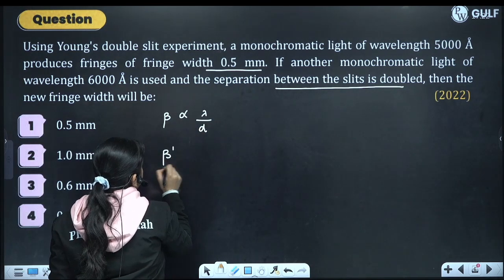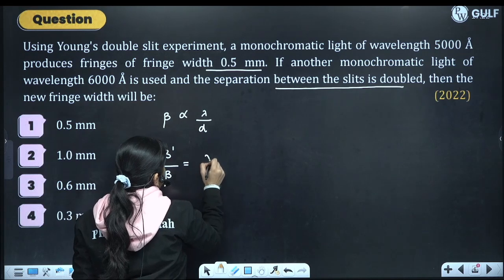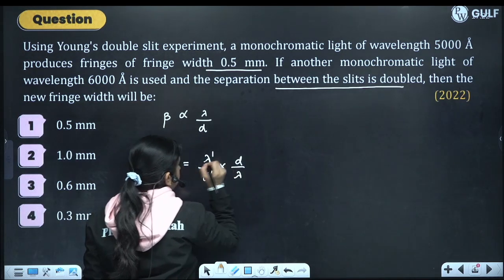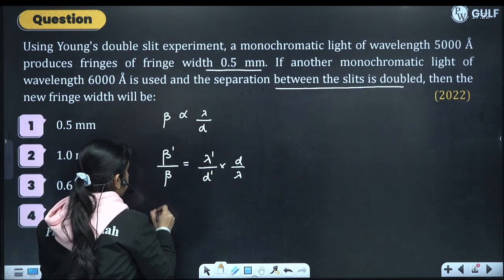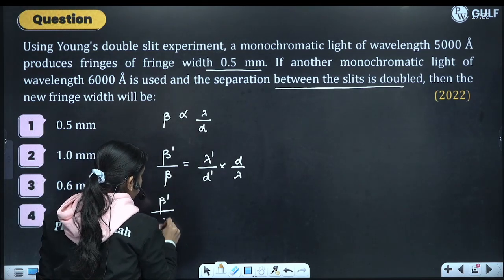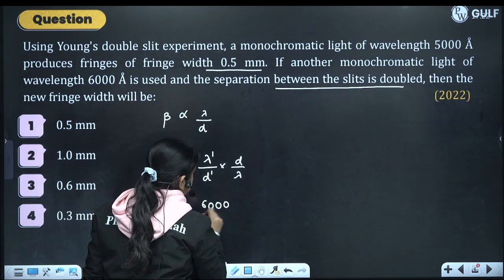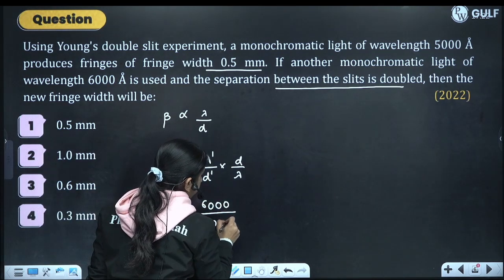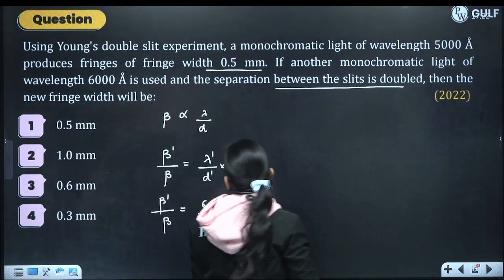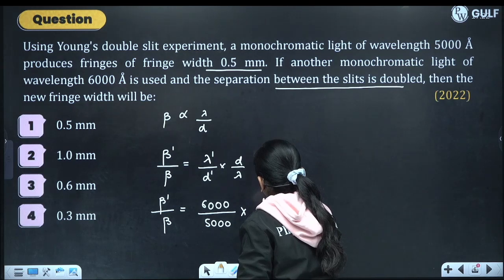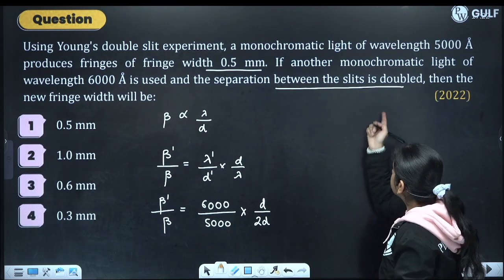So beta prime by beta will be equal to lambda prime by d prime into d by lambda. Substituting, beta prime by beta is equal to 6000 divided by 5000, angstrom and angstrom get cancelled out, multiplied by the new distance between the slits, which is doubled.